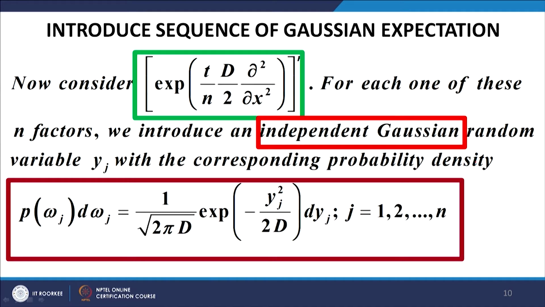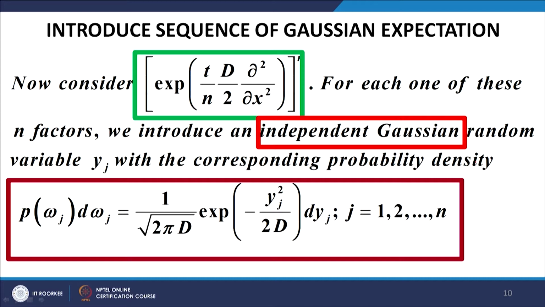We introduce n such variables, y 1, y 2, y 3 and so on, having similar Gaussian distributions, given in the red box at the bottom of your slide, with j ranging from 1 to n. We introduce n such variables corresponding to the n factors represented by the nth power of this expression. The exponential expression within the brackets is itself one term, and because of the power n there are n terms.